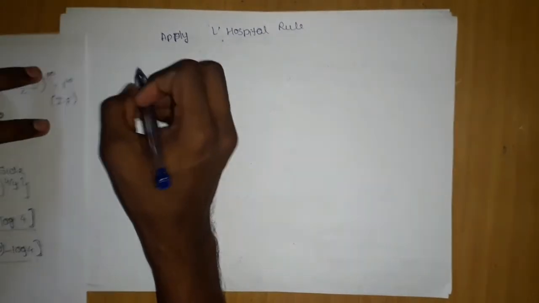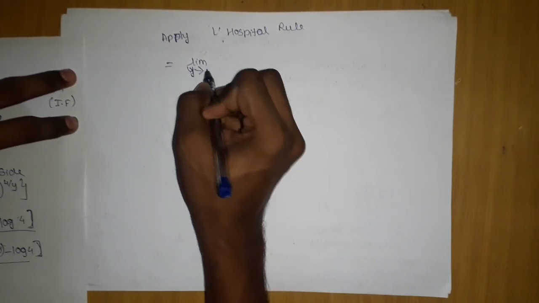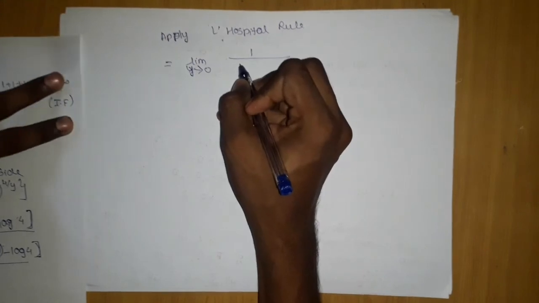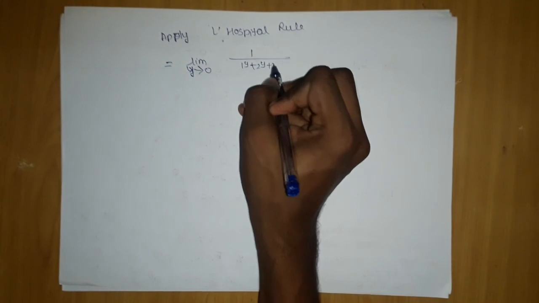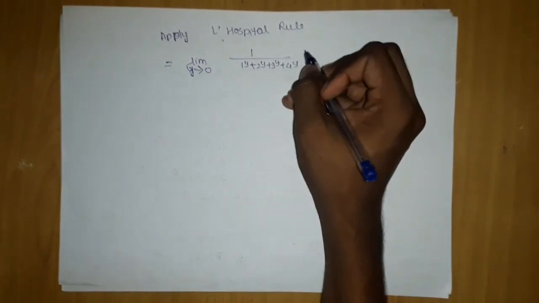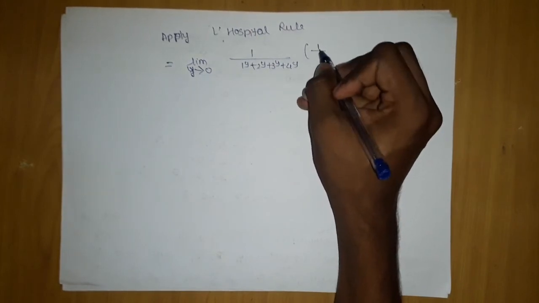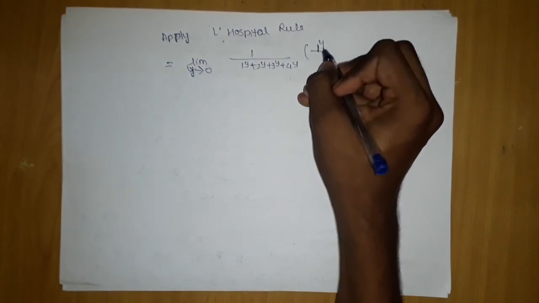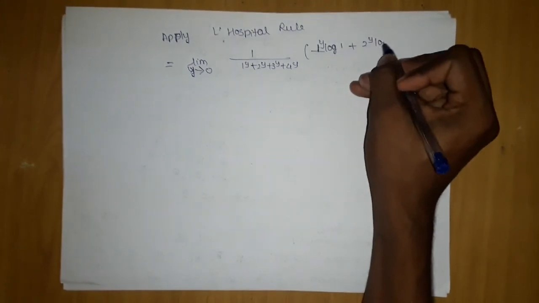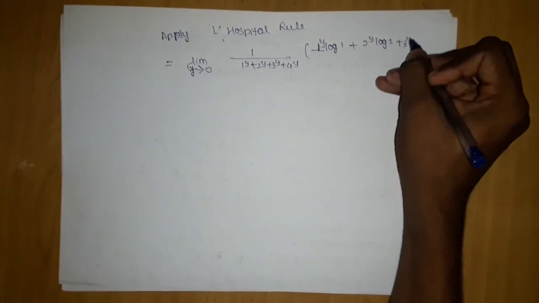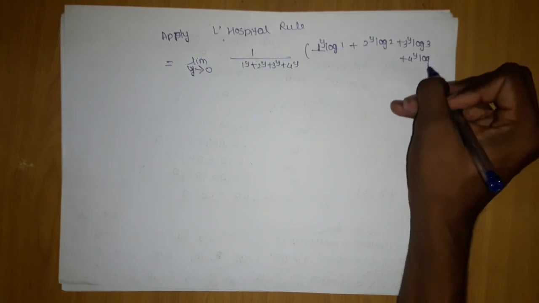The moment we apply L'Hopital's rule, we will be left with limit y tends to 0, it will become 1 by y, 2 by y, 3 by y, 4 by y, and here we will be having 1 power y log 1 plus 2 by y log 2, 3 by y log 3 plus 4 by y log 4.